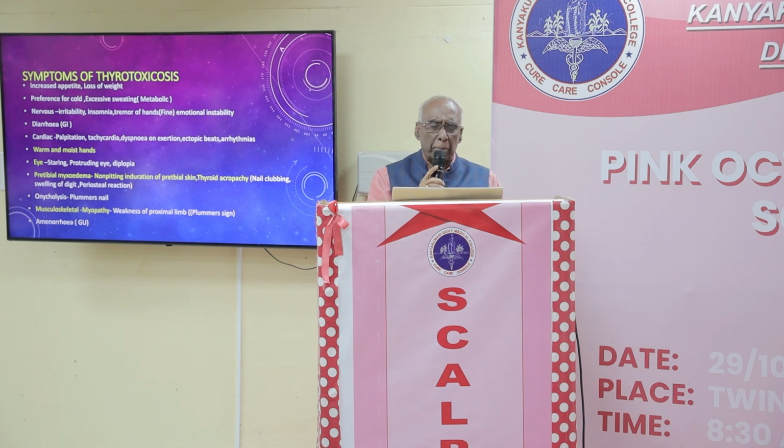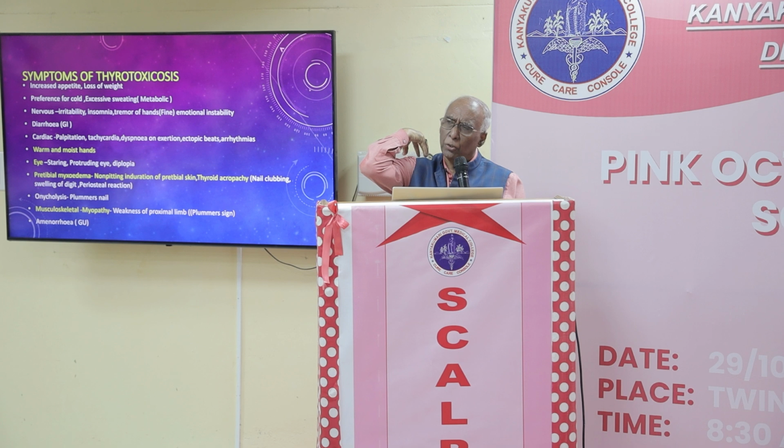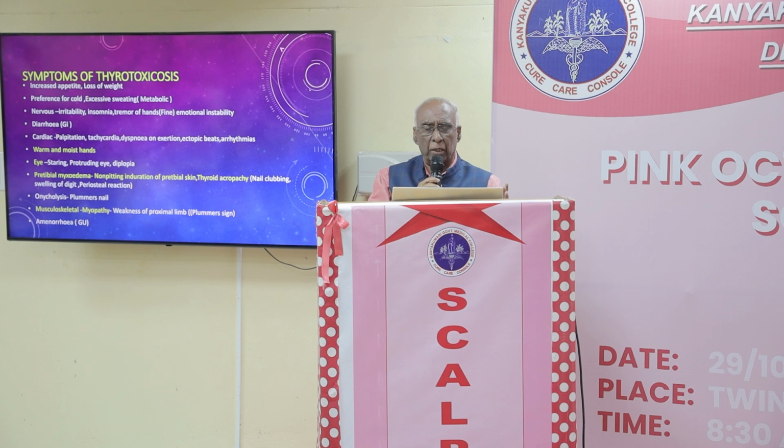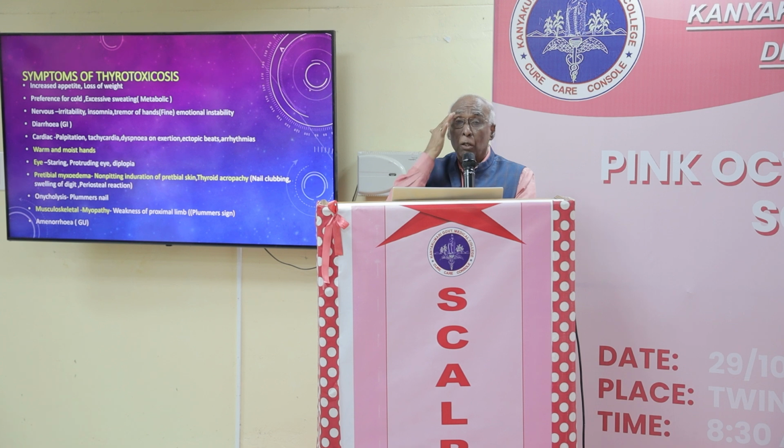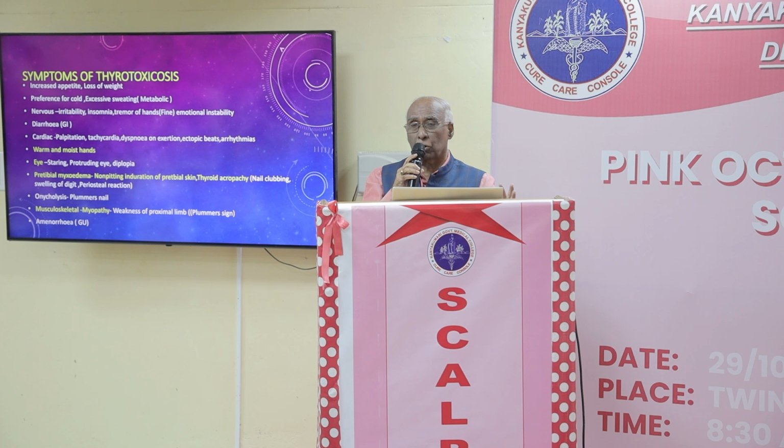The patient will always be sleeping, with intolerance to cold, dry skin, puffiness of face, fat deposition in the supraclavicular fossa on both sides and in the shoulder region. That is one of the typical features of hypothyroid patients. And then of course hair loss, especially the outer one-third of the eyebrow. So always check; I always tell that 50% of females above 50 years are hypothyroid. So just check the outer aspect of the eyebrow.